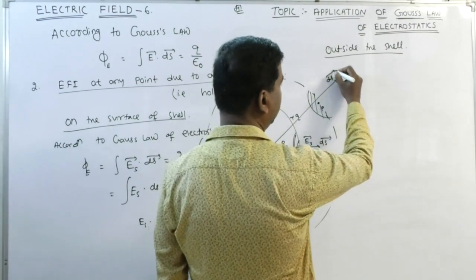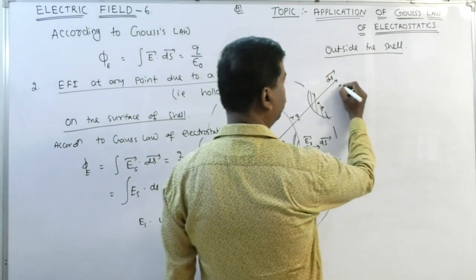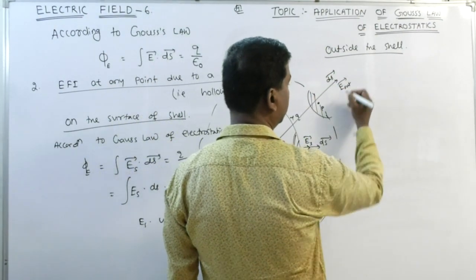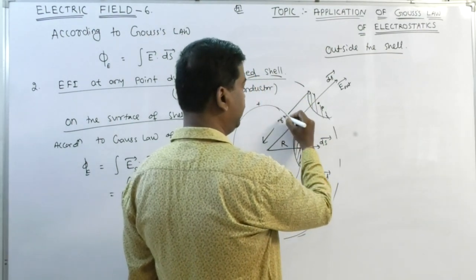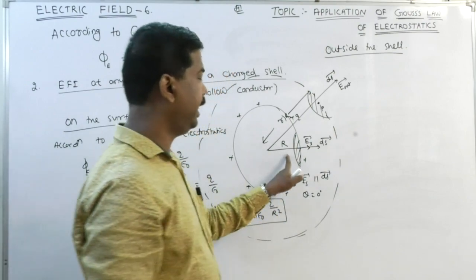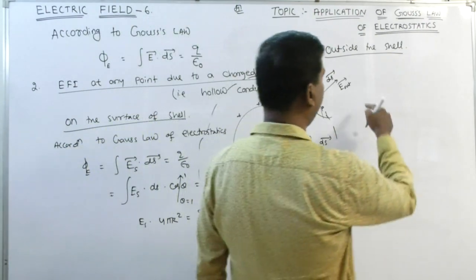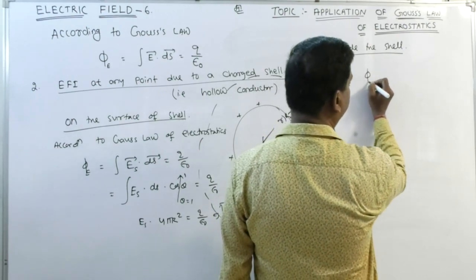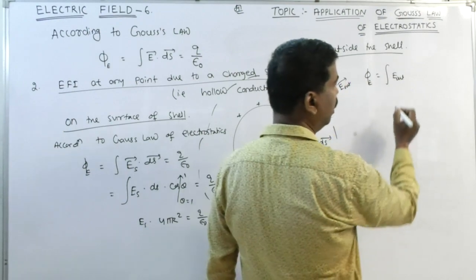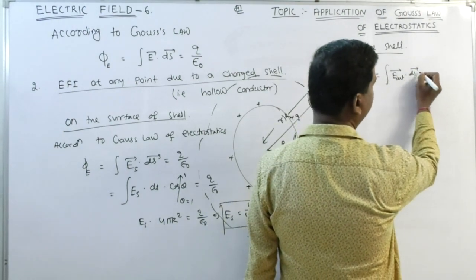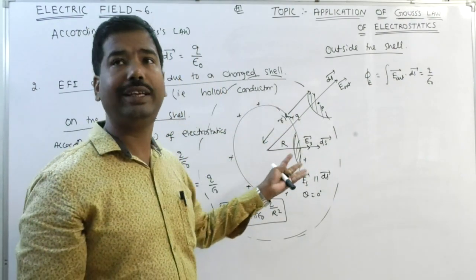This ds vector is again perpendicular to the surface, and for E outside, the radius r is greater than the actual size of the spherical cell. Whenever we find it for the outside, again electric flux phi E is equal to E outside dot ds vector is equal to Q by epsilon 0, because the same charge is distributed, nothing else.